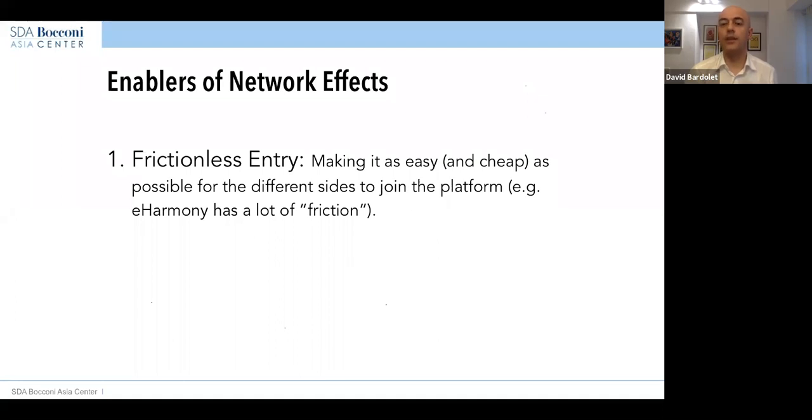If you're trying to create a new social network to compete with Facebook, and you go out in the market and you say, in order to join, you have to give us the credit card number, 3 pages of personal information, and you have to answer a 100-question questionnaire.